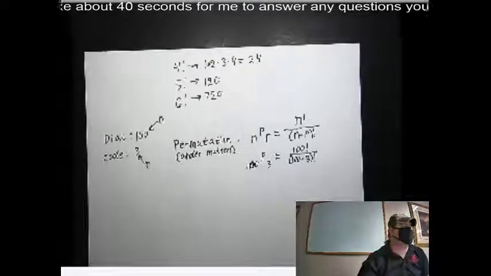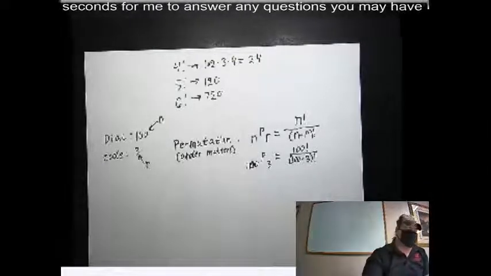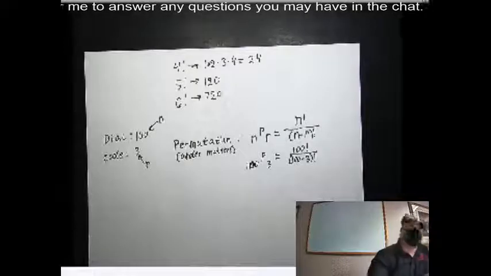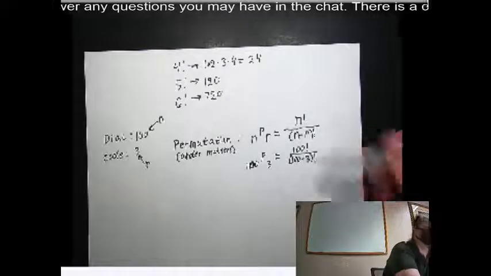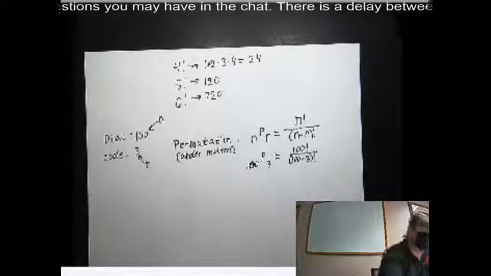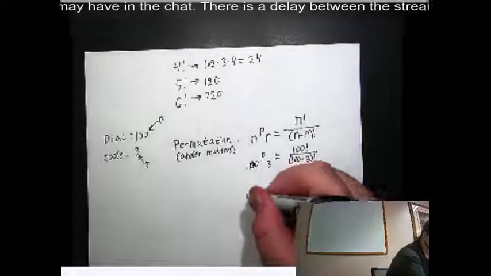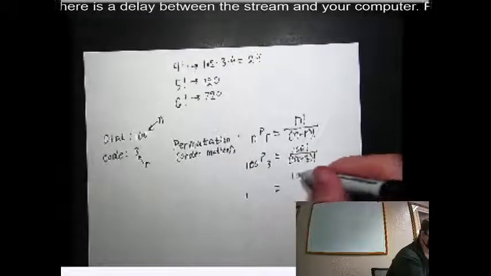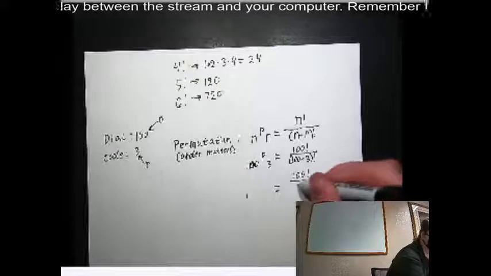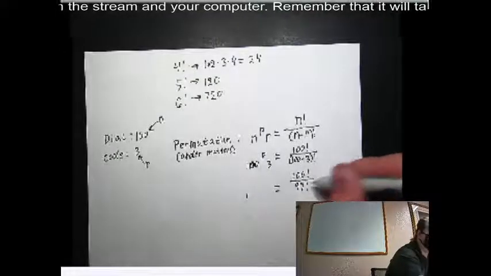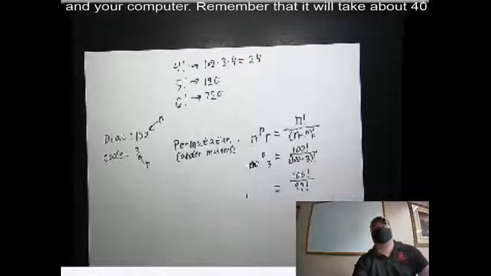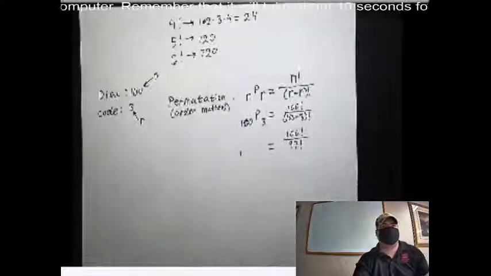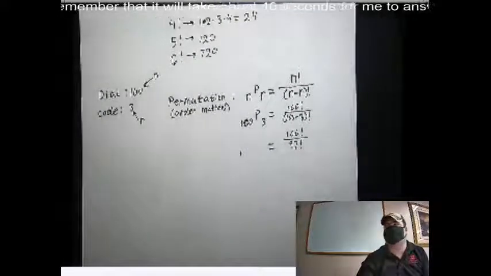Grouping symbols, or parentheses, whatever you want to call them. So we need to do what's in the parentheses first. What does that give us? 97? Okay.